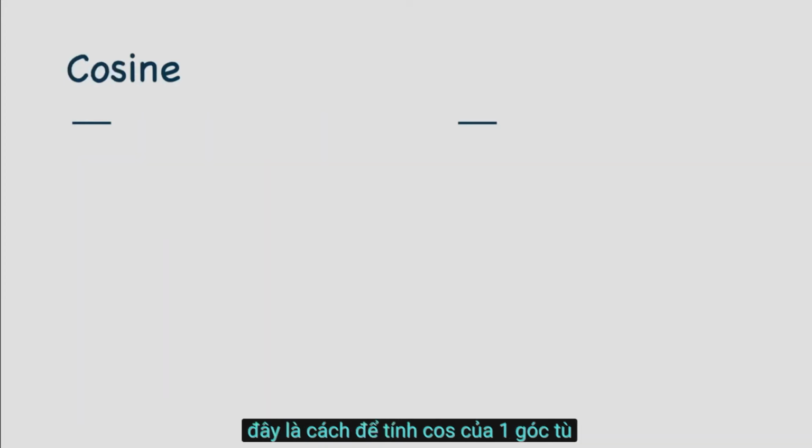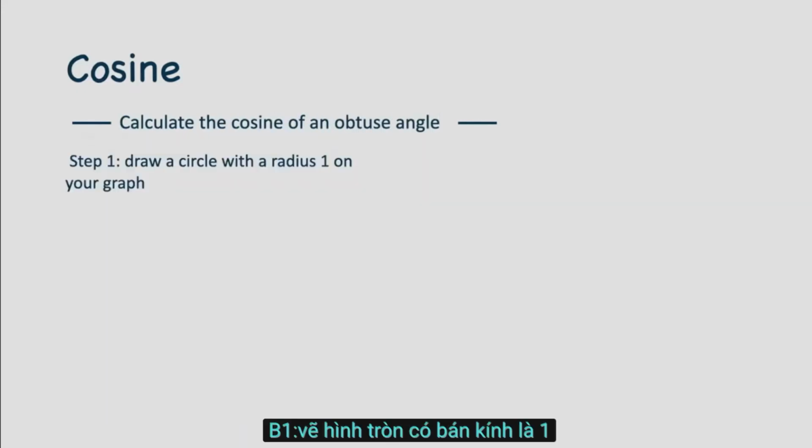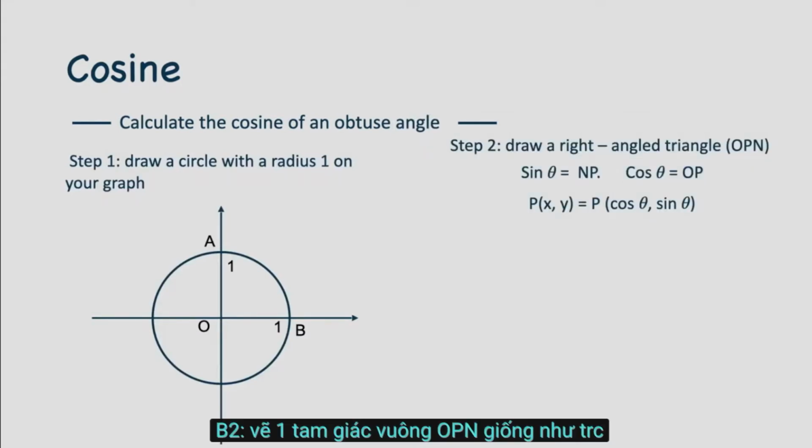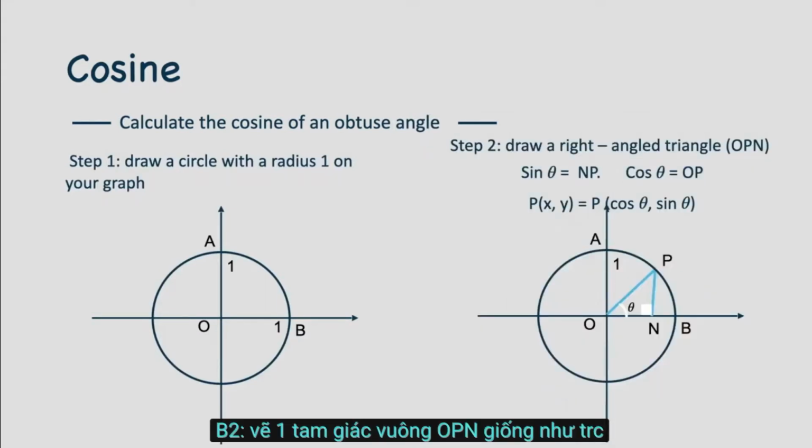Secondly, here's how to calculate the cosine of an obtuse angle. Step 1, draw a circle with a radius 1 on your graph. Step 2, draw a right angle triangle OPN. Sine theta is equal to NP and cos theta is equal to OP. We have P at (x, y) equal to (cos theta, sine theta).